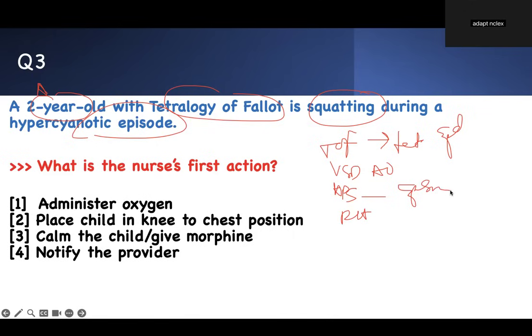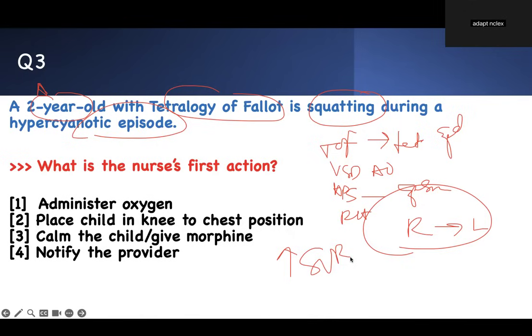This goes into spasm. Now, if I'm in spasm, there's no blood going to the lung. We have blood shunting to the left side. So you have right to left shunt. There is more shunting. The only way you can break the shunting is to increase your blood pressure, increase systemic vascular resistance. How do they do that? This is why we put the kids in the what?